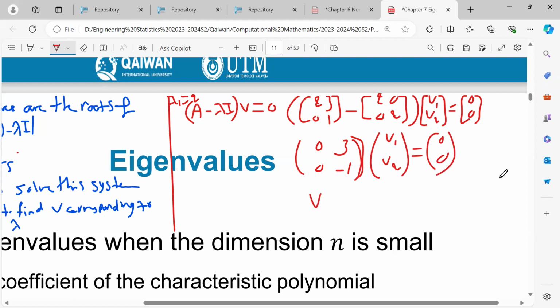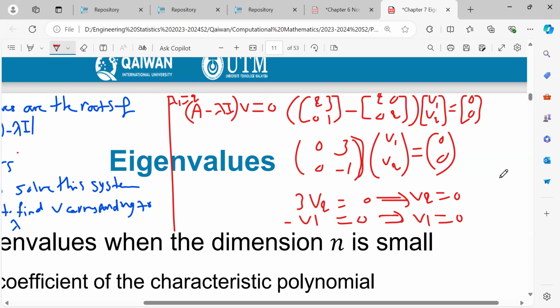We get 3 V2 equals 0 and minus V1 equals 0. What are the values of V1, V2 in these two equations? In the first equation, we get that V2 is 0. In the second, we get that V1 is 0. Means the eigenvector corresponding to this eigenvalue is 0, 0.